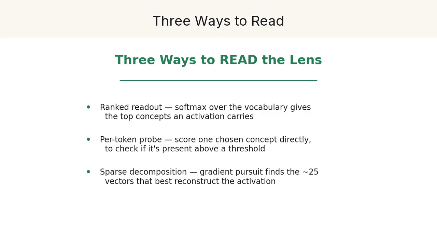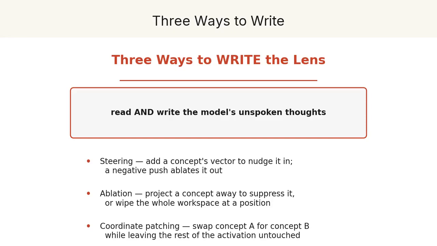Is the idea of deception present here, above some threshold? And the third is sparse decomposition. Using an algorithm called gradient pursuit, you solve for the small handful of concept vectors, about 25 of them, that best reconstruct the activation. That gives you a clean inventory of what's active, rather than a long ranked list. Different questions, different tools.